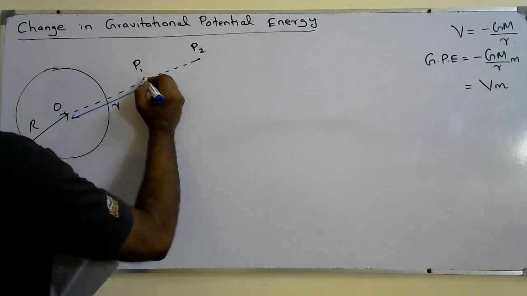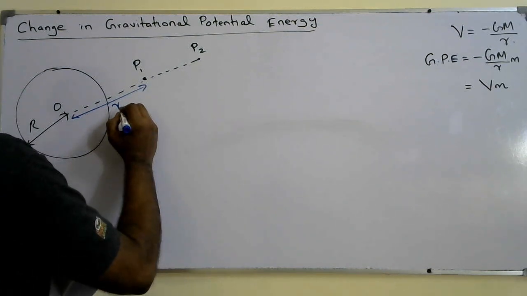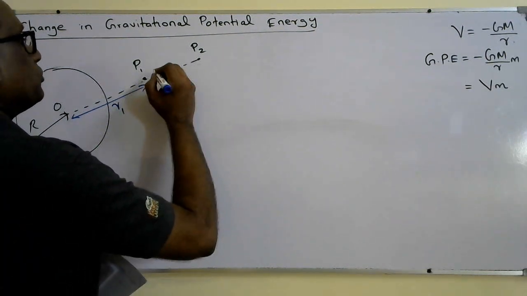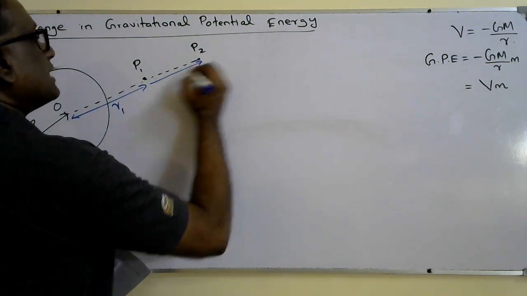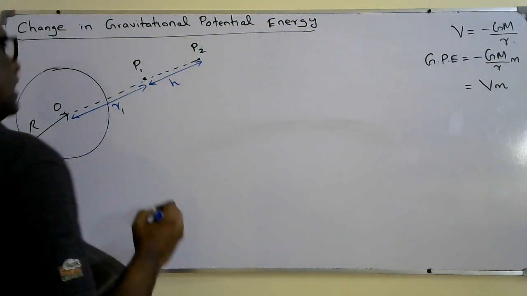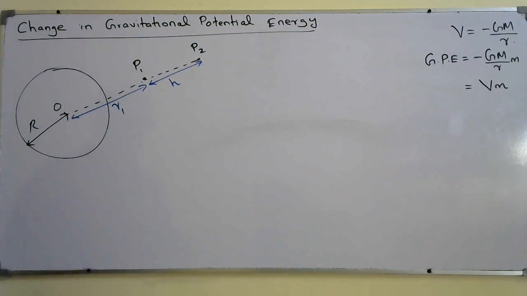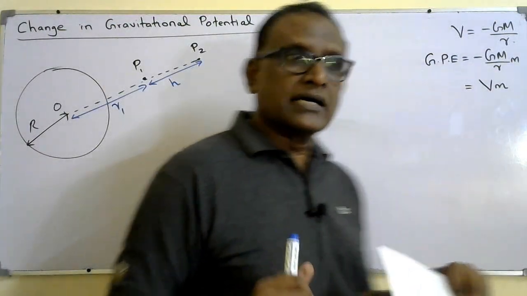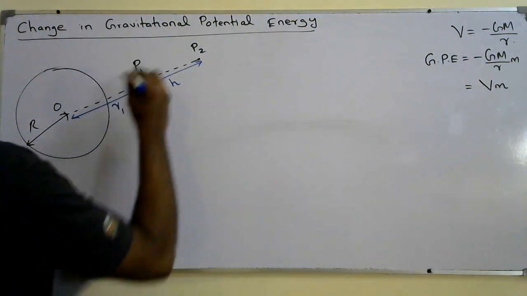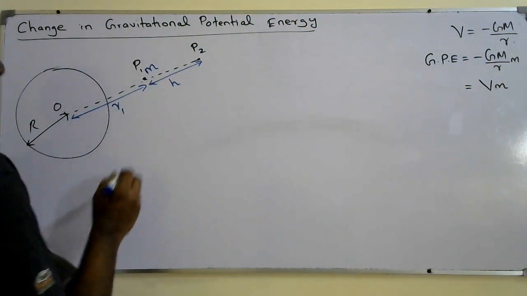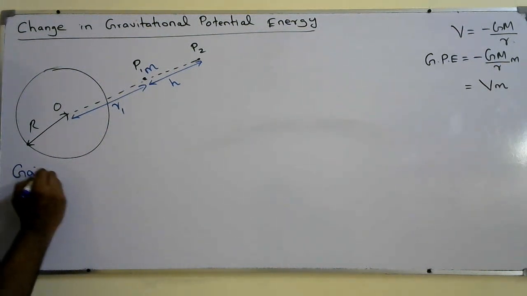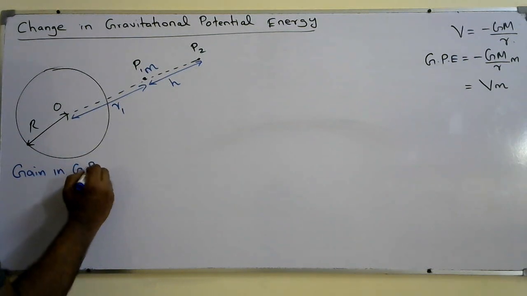So it's moving from P1 to P2 through a height h, or distance h. So what will happen to the gravitational potential energy? It will move away from it. So the object of mass m is going to move from P1 to P2. So gain in gravitational potential energy, the gravitational potential energy of the mass m when it moves from P1 to P2.